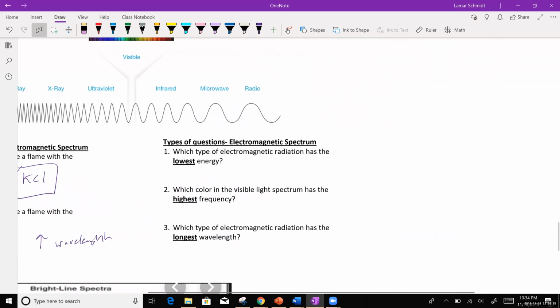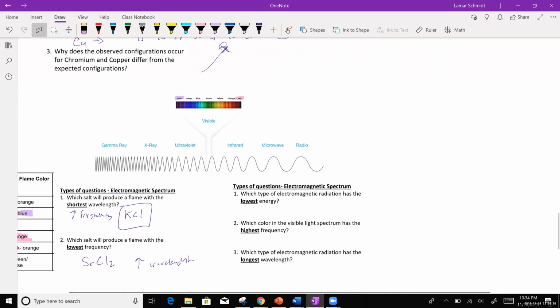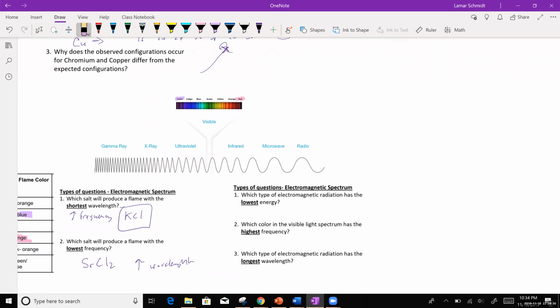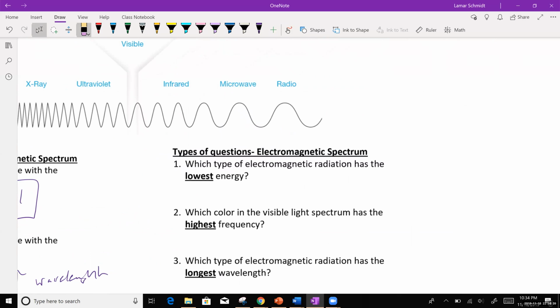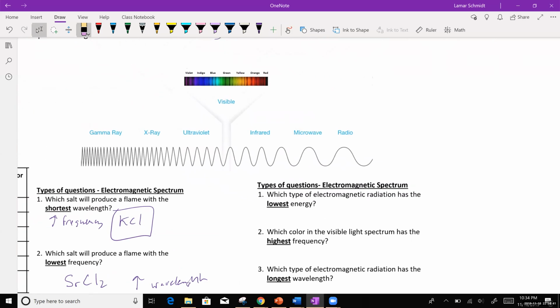And then another easy one to answer is we ask some questions about the electromagnetic spectrum and says which type of electromagnetic radiation has the lowest energy. We should know that energy and frequency are directly proportional.